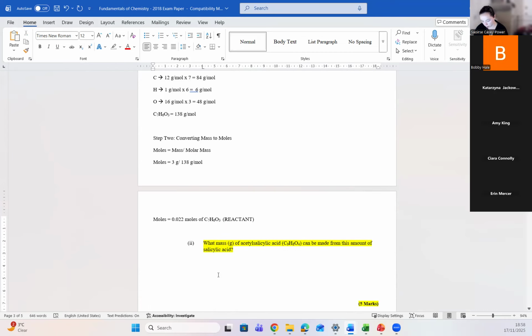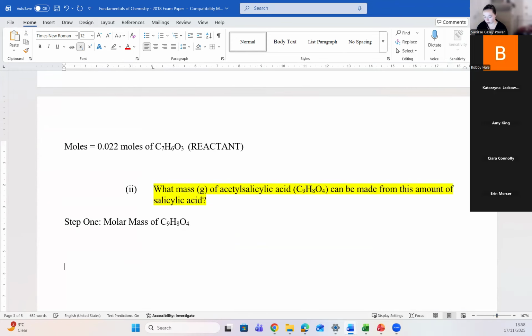All right, so what I would do again is your molar mass of what you're given. So that is your C9. You'll find this is the starting point for an awful lot of these questions, working out your molar mass. Are you guys comfortable enough that I'll just list that here, or do you want me to go through the calculation again?